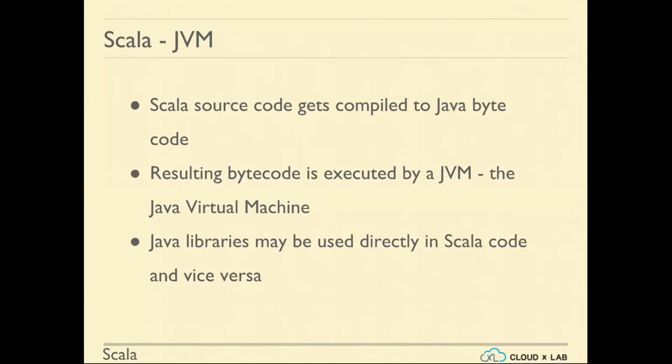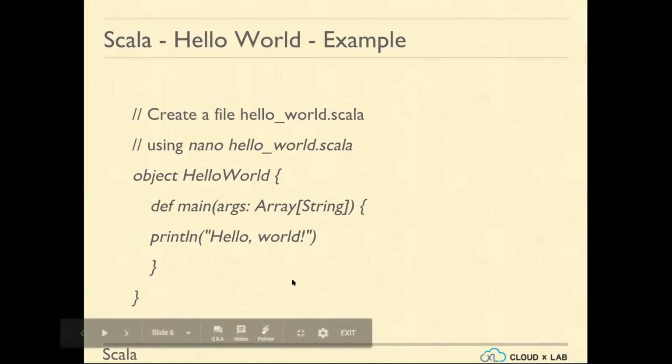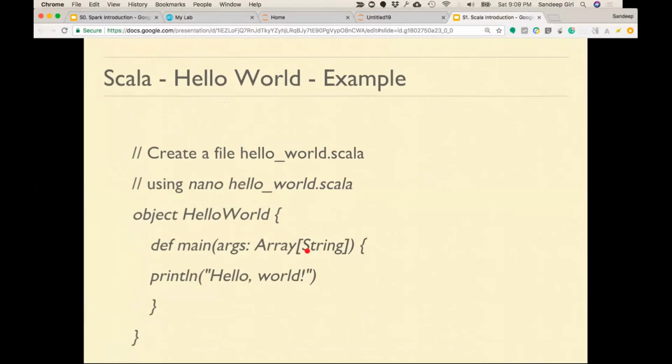So there are many libraries in Java that are available, and you can use those libraries in Scala. All right, so this is how the code looks like. If you are trying to create a full-fledged Scala program that can run independently without the console, without the interactive shell, then you will have to write something like this. Let me just show you how to compile this. I think that will be useful to you.